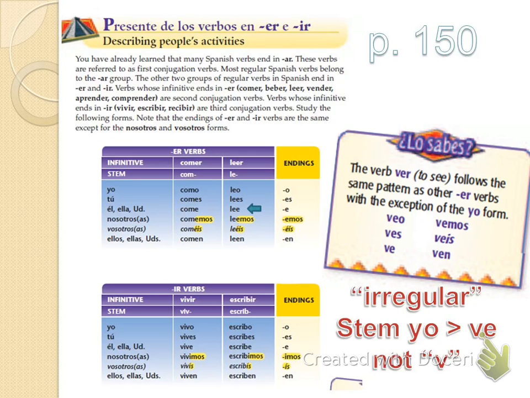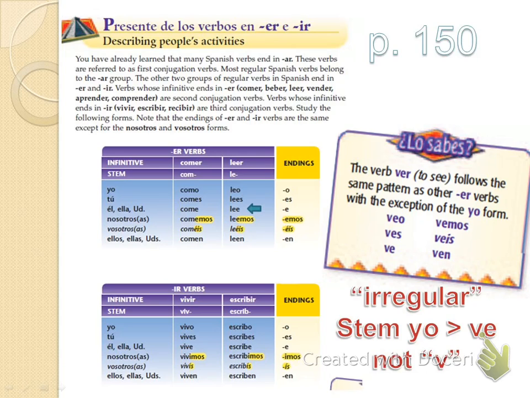A note about, I've been mentioning this the last couple of days, but you may want to jot it down somewhere if you haven't already, that the verb ver is the verb to see, but there's a slight spelling change you need to do with it. If we were to conjugate ver and drop that ER, we would just end up with V as the stem, which we do for all the other conjugations. For the first one, however, we have VE as the stem.